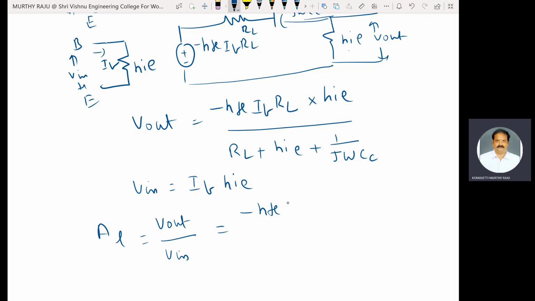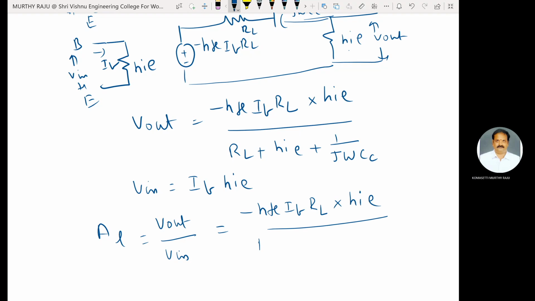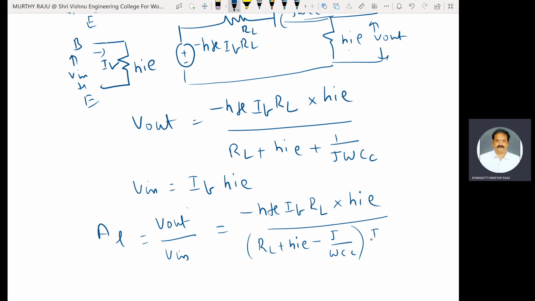Minus HFE IB RL into HIE by RL plus HIE minus j by omega CC. V in is IB into HIE.